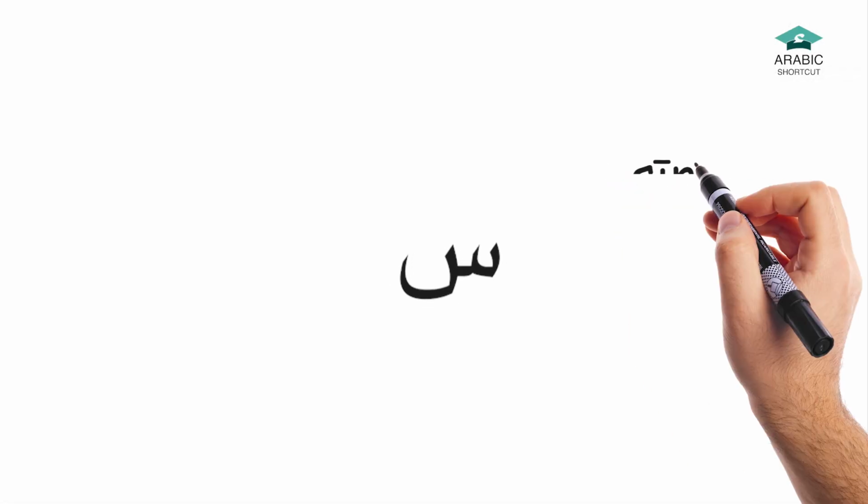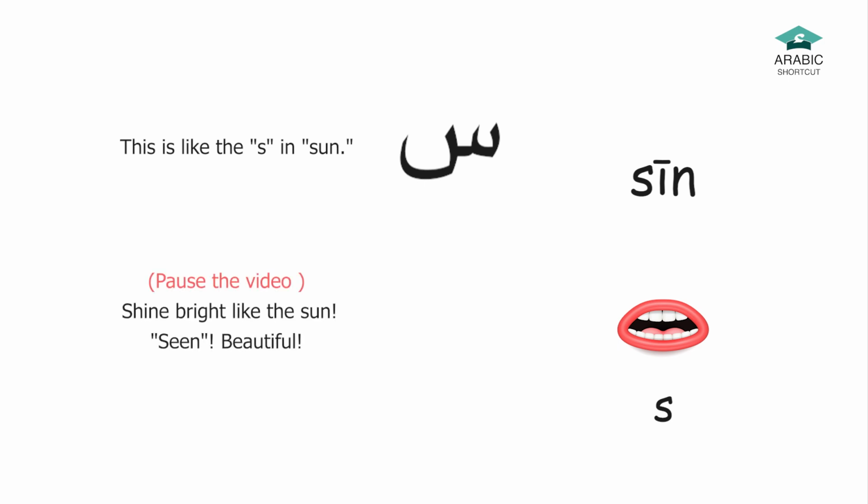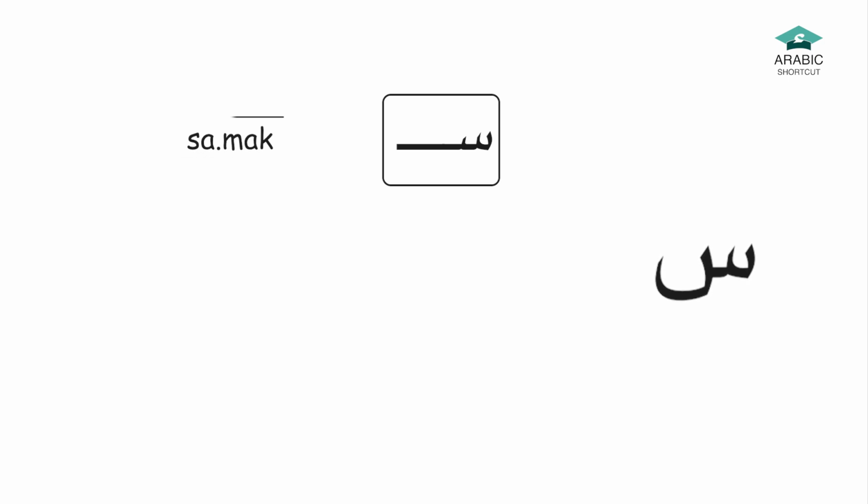حرف السين. سين. Another easy one. This is like the S in sun. Pause the video. Shine bright like the sun. Seen. Beautiful. Samak means fish.